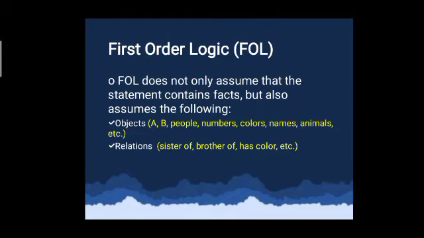And the third thing is the functions: father, mother, best friend, etc. So these are functions. So the first order logic deals not only with the facts, it also deals with the objects, relationships, and functions.